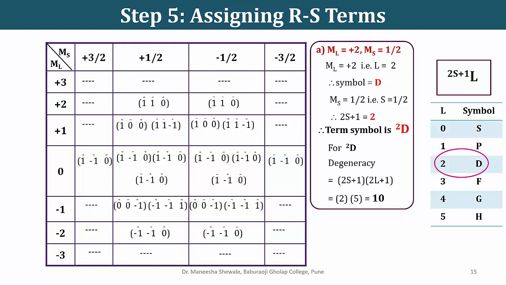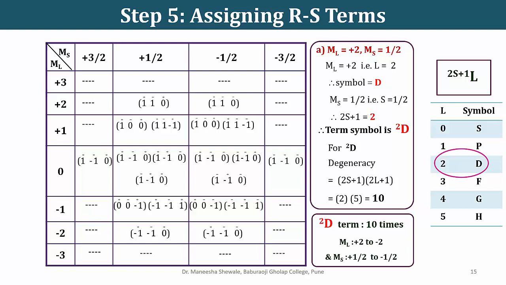So this is 2 into 5, which is 10. So this indicates that the doublet D term appears 10 times in the table, from ml plus 2 to minus 2 and ms plus half to minus half. So this is how we can show the term 10 times.